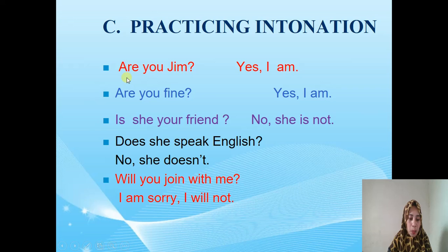So it is spoken with rising intonation. How do we practice these words?